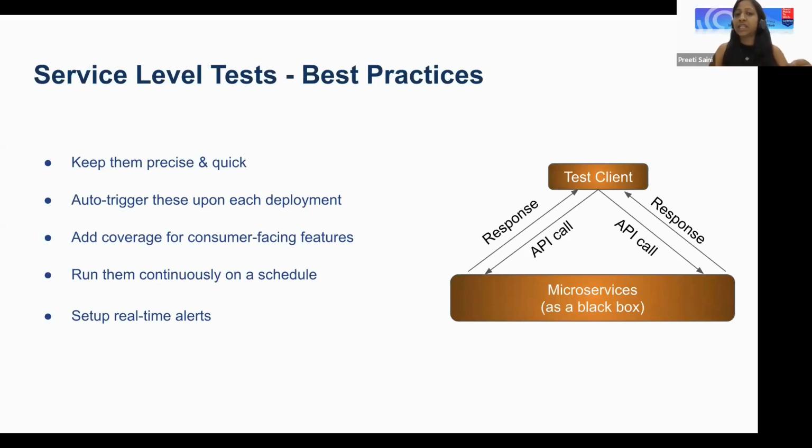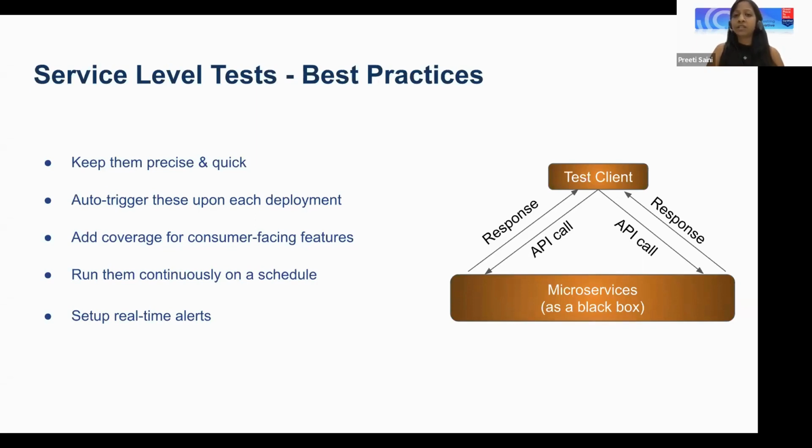If any failure happens, these notifications are passed on to the teams, and they can look into these failures as soon as possible, because quite possibly these failures could be genuine cases, and might slip into staging or production and cause issues there, and result in defects. So it's important that you keep real-time alerts on these tests, and if a failure happens, it has to be looked at immediately.